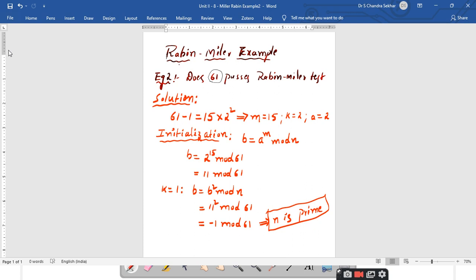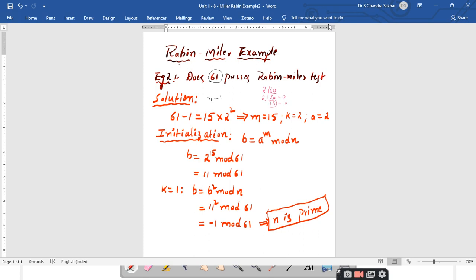According to the Rabin-Miller test, first we have to find the n minus 1 value. So what is n minus 1? Here n is 61, so n minus 1 is 60. How do we express this 60 in powers of 2? 60 divided by 2 is 30, and 30 divided by 2 is 15.